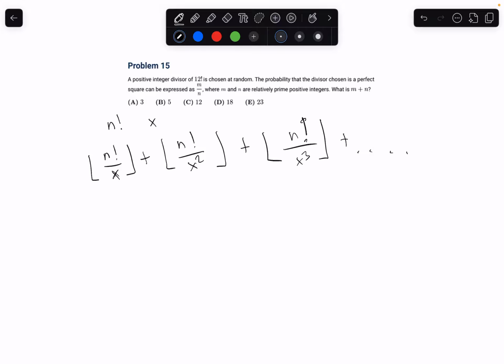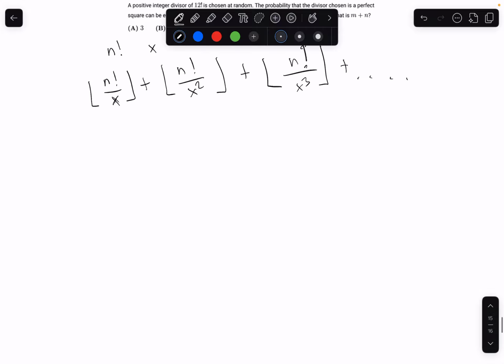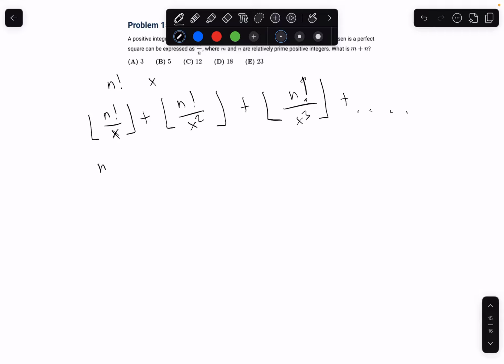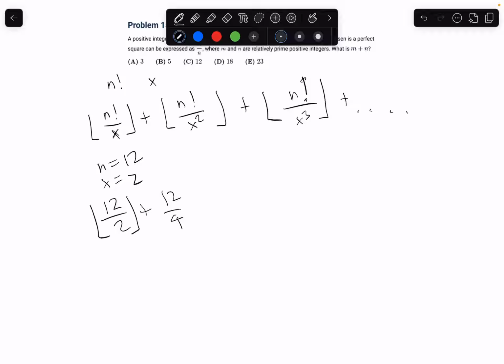First we do it with x equals 2, where n equals 12. I forgot to add the floor function. As a clarification, the floor function is the nearest integer rounded down.